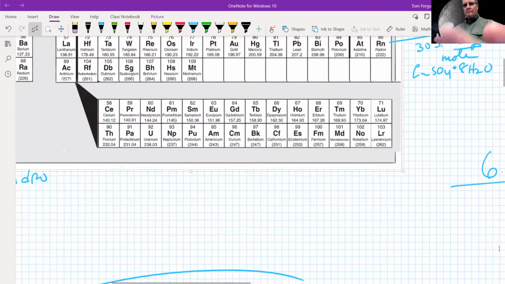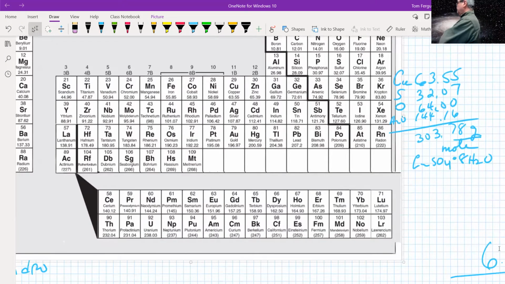So all those combined is 1 mole. Exactly, 1 mole of copper sulfate, 8 waters all together. That means we have 6.02 times 10 to the 23rd of them.